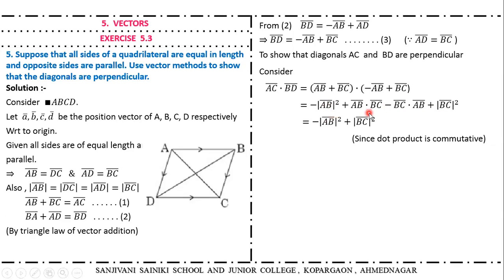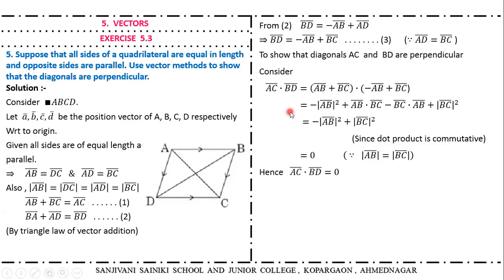The dot product is commutative. We know that A bar dot B bar is the same as B bar dot A bar. So these two middle terms will get cancelled, and the first and the last term will remain. But as the lengths of all sides are the same, their sum is equal to 0. So AC bar dot BD bar is equal to 0, which means the dot product of the two vectors is 0.